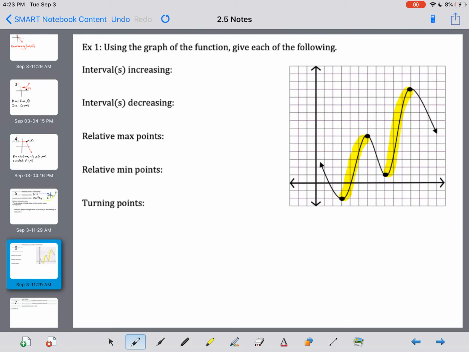So the first interval where the graph is increasing would be from 3 to 6, union that with, what are we at, 8, 9, 10, 11.